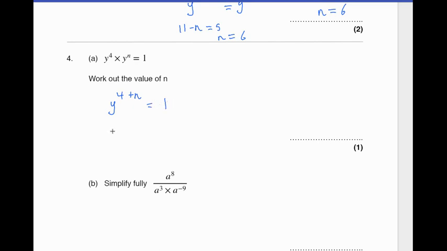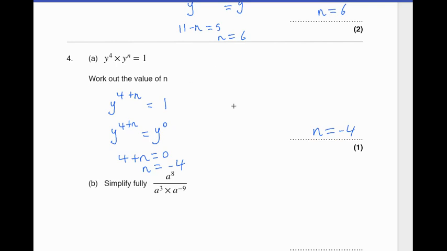So in other words, if I wrote it like this, y to the power of 4 plus n is y to the power of 0, it basically means that the power must have been 0, which means the n is going to equal -4.